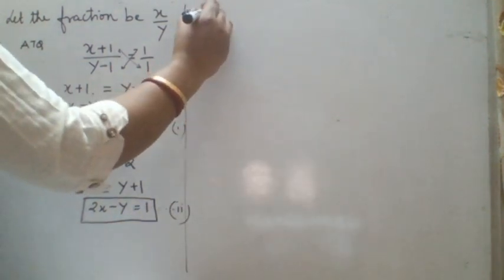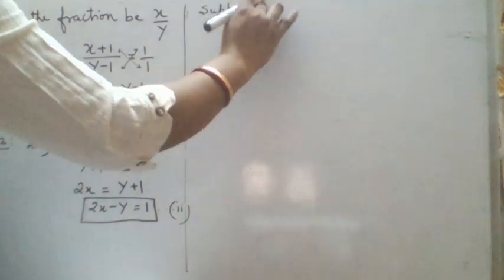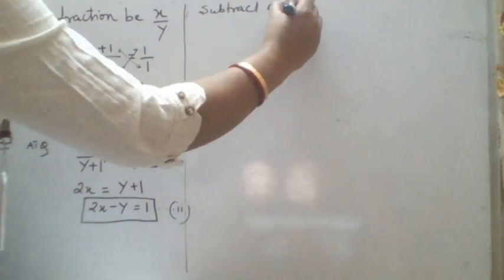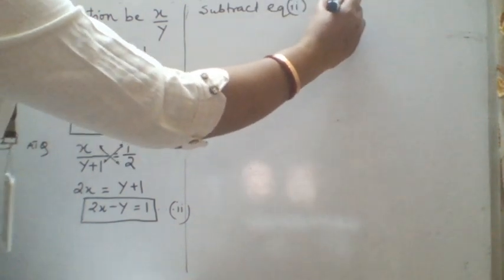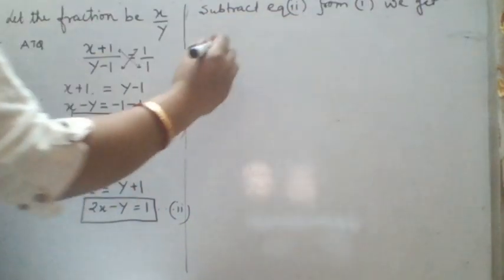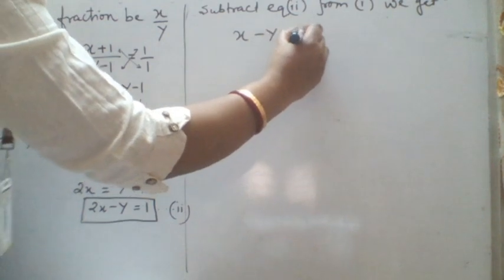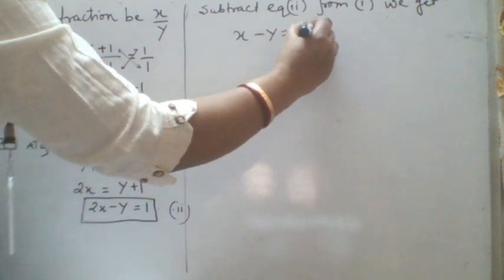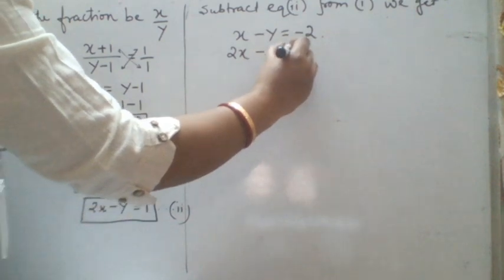If we subtract equation number 2 from 1, we get x minus y equal to minus 2, and the other one is 2x minus y equal to 1.